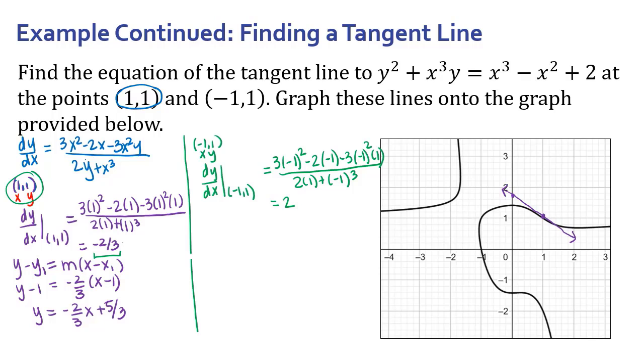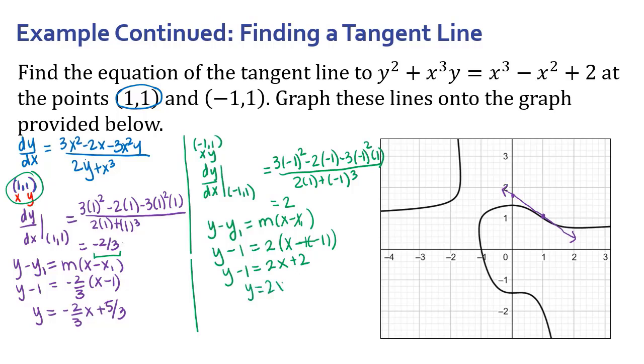So now I know my slope, and we'll use the formula for the equation of a line. y minus 1 equals 2 times x minus x1, so y minus 1 equals 2x, and this becomes a plus 1, so plus 2. So y equals 2x plus 3.